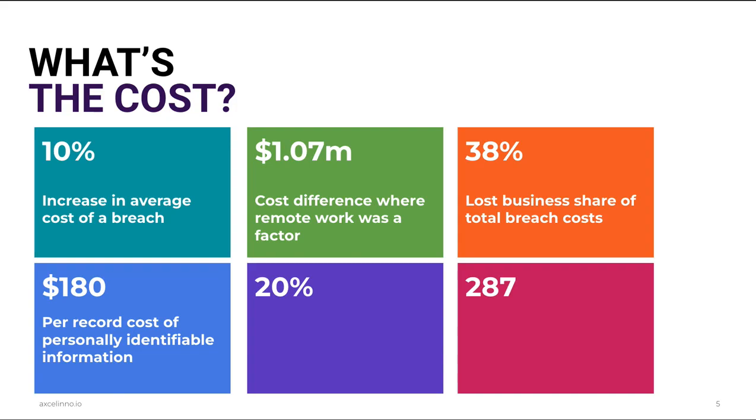Some industries, this information is absolutely critical. And even with some industries where this isn't, the thing is that it can still have a pretty big cost associated with it. And when we looked at a breach, the personally identifiable information was the most common type of record that was lost, and was actually included in 44% of all breaches.